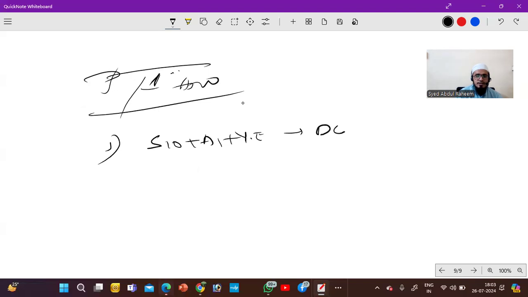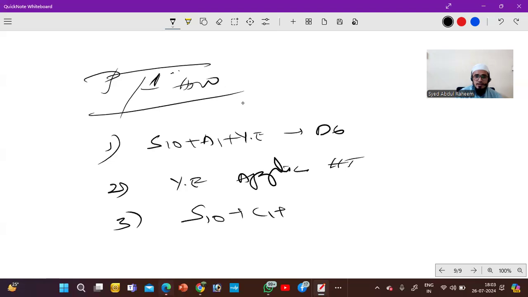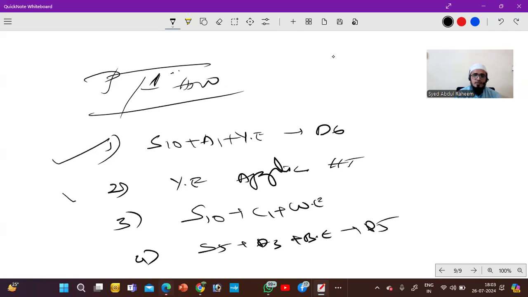You need to give D6 or apply it. If there is direct involvement of the heart, you have another remedy for metabolism, S10 C1W, and another one is S5A3B. So to improve the metabolism, you can give in D5. So these two are the main remedies for hypertension.